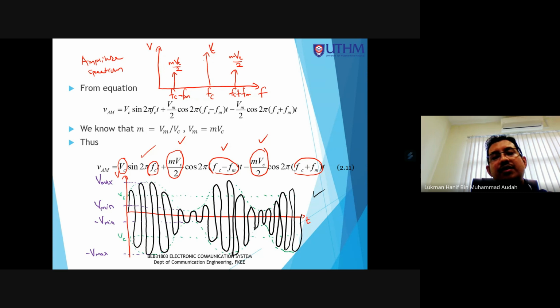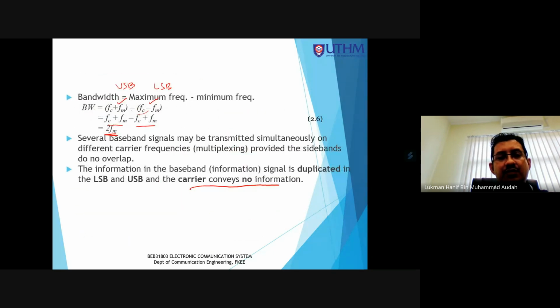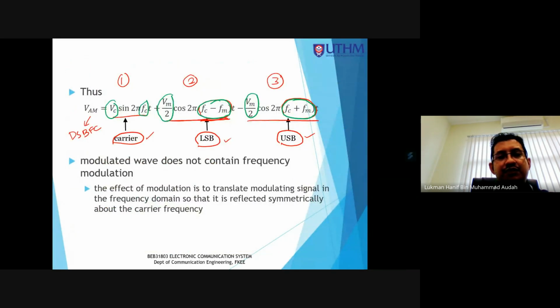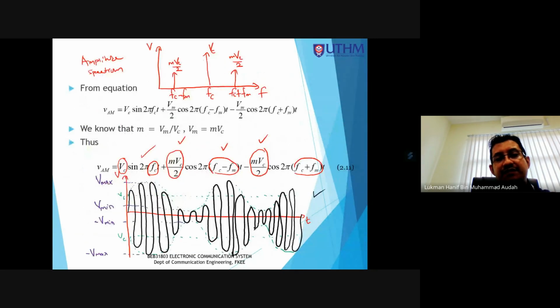If you remember from the previous equations, we used Vm over 2. But if we replace Vm over 2 with MVc over 2, how can we get MVc over 2?